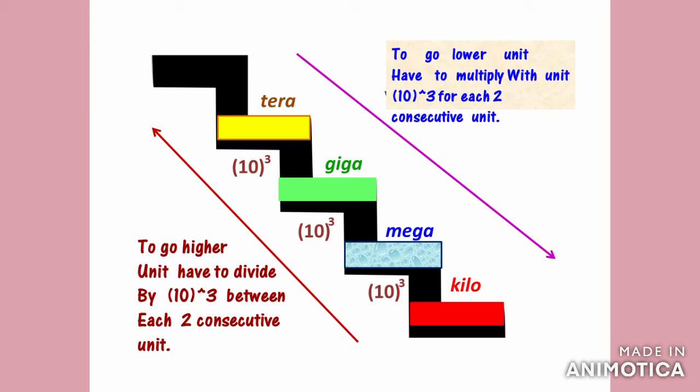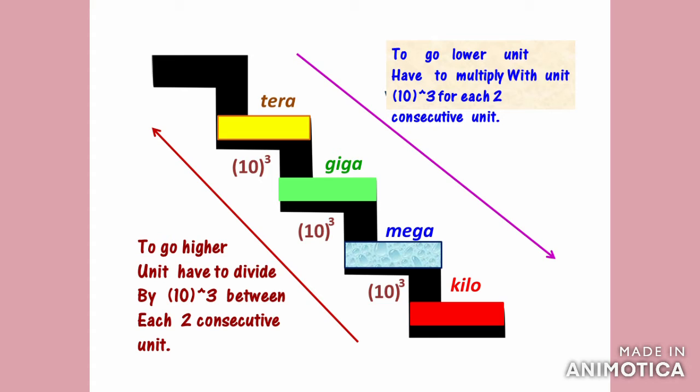But there is a similarity and dissimilarity here. Here we also work with 10, but there we just divide by 10. And here, for each next higher unit, we have to divide by 10 to the power 3. It means if we want to convert from kilo to mega, then I have to divide that kilo numeric by 10 to the power 3.